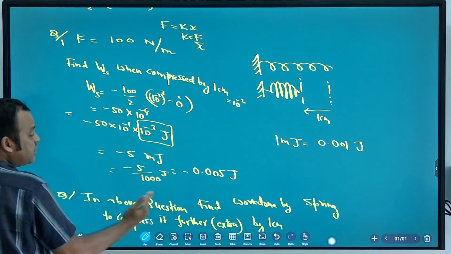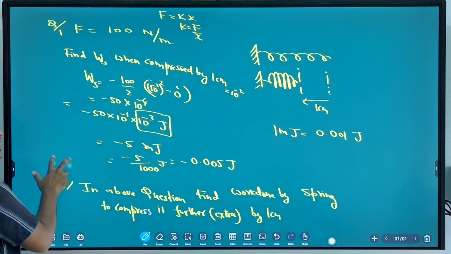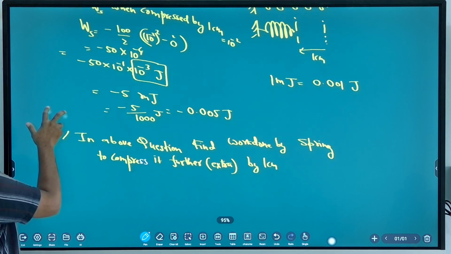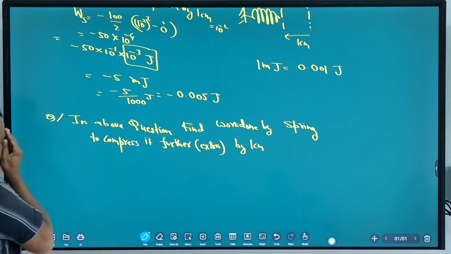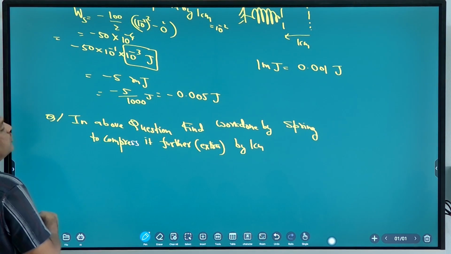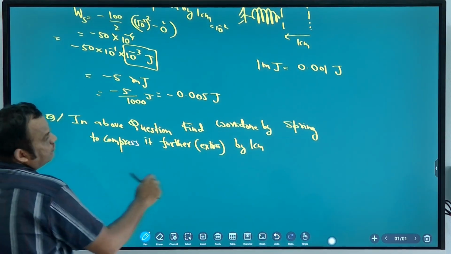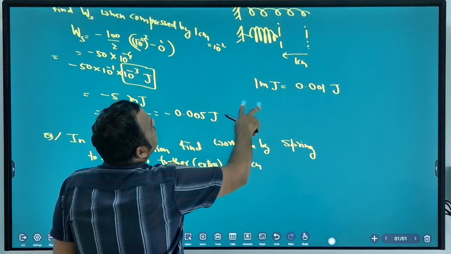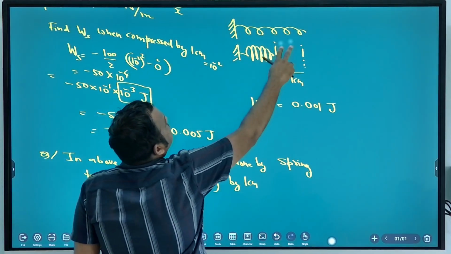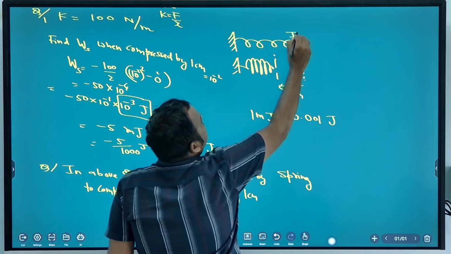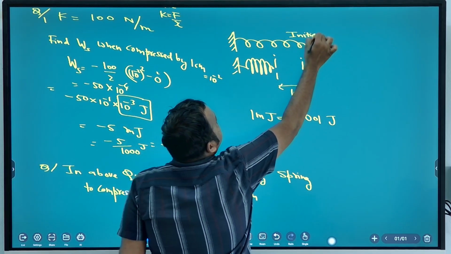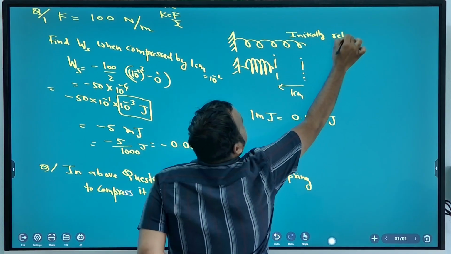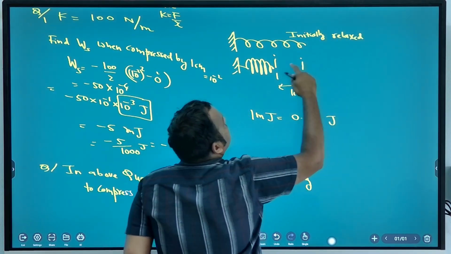Now extra 1 centimeter you are compressing. So what is final compression? 2. Very good. Come here. Now this is initial. So initially relaxed.